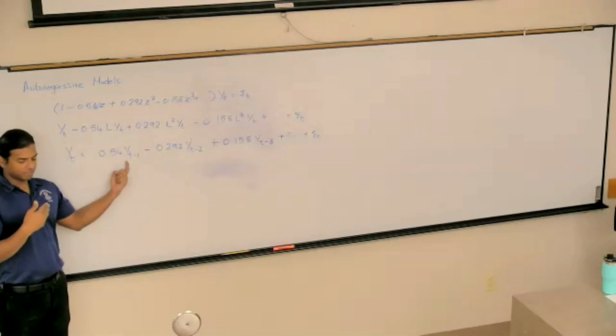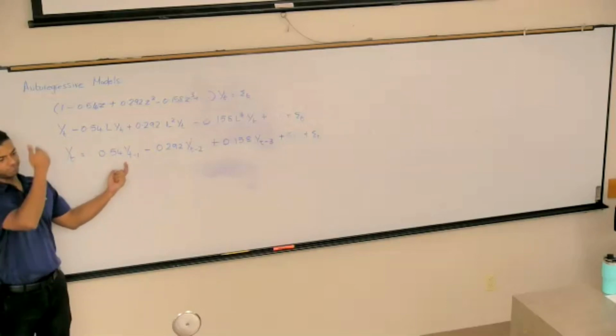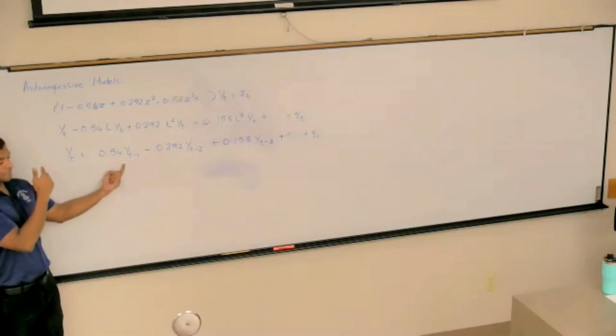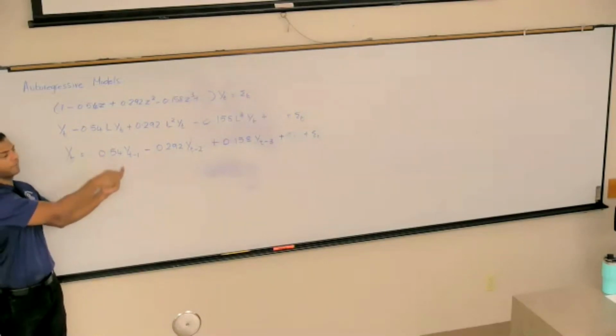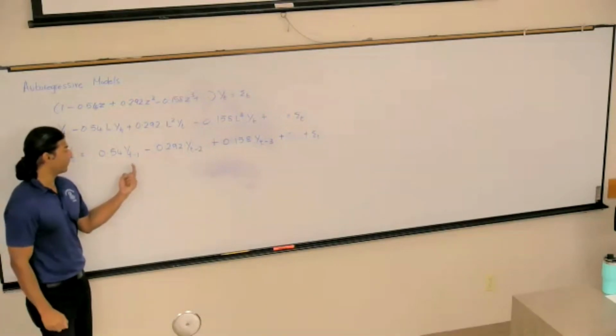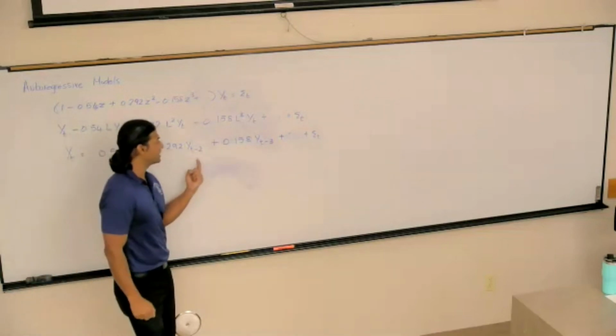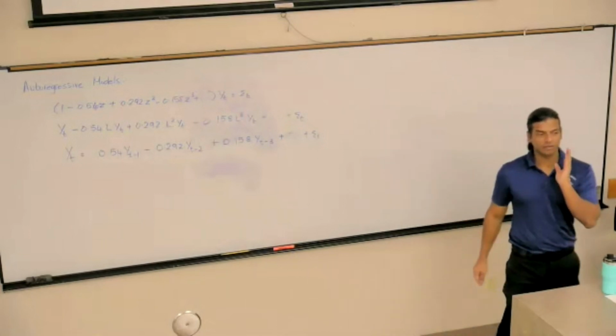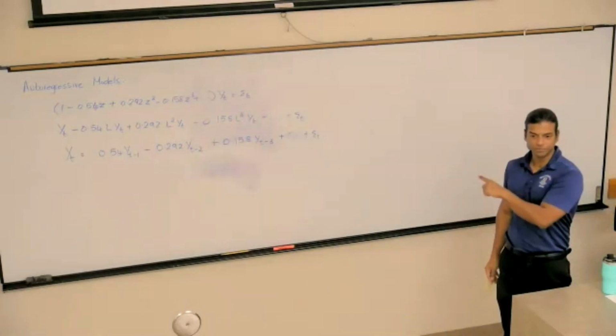In linear regression, y is regressed on x, and we say y is the dependent variable, and y depends on x. Here the time point t depends on itself at time points t minus 1, t minus 2, t minus 3, so we call it an autoregressive model.